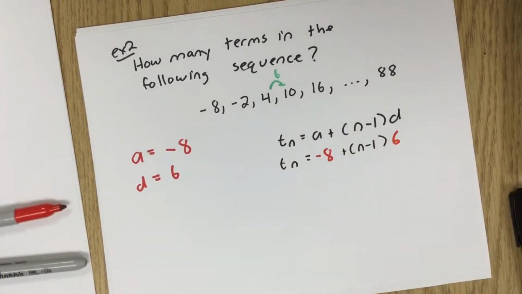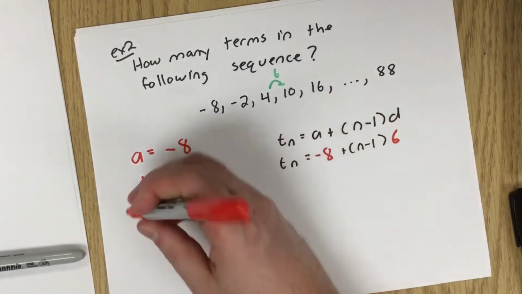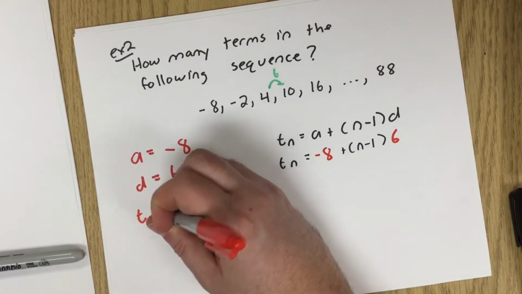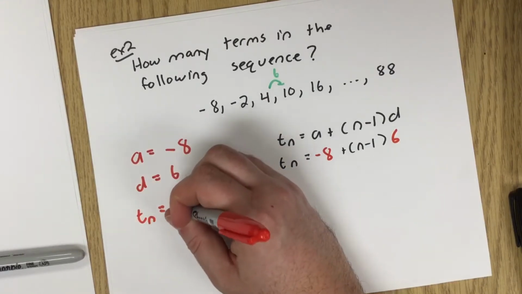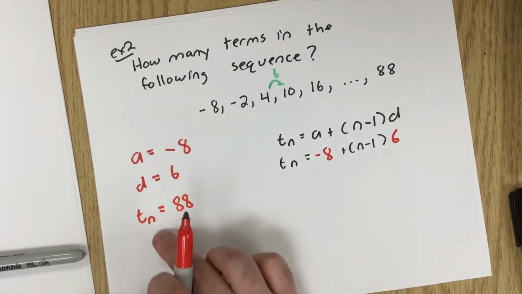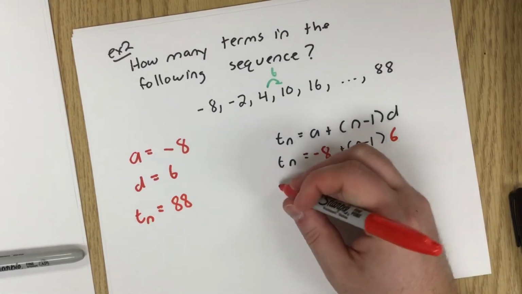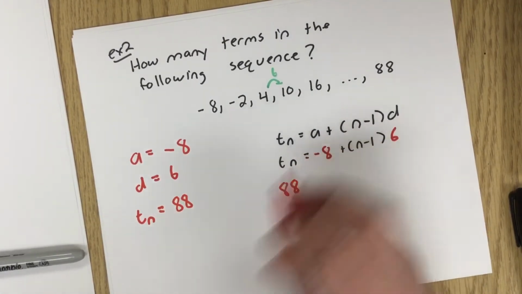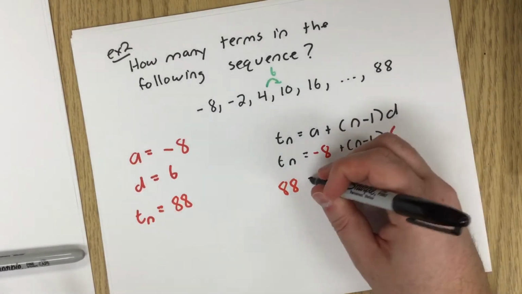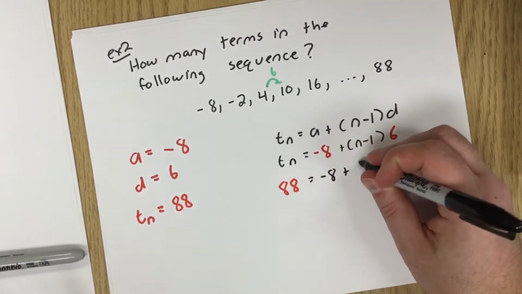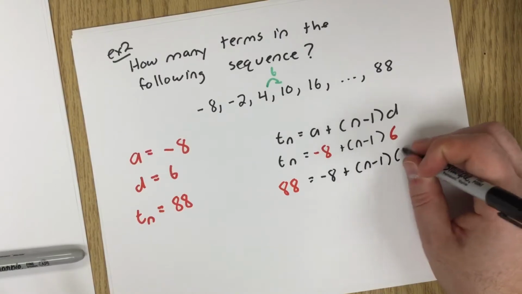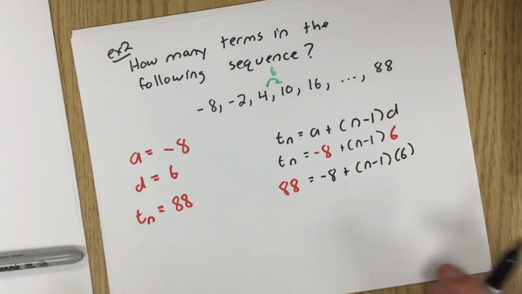Now what are we solving for? What else do we know? We actually know something else. We know that the nth term, which is going to be the last term, is 88. And we're trying to figure out what is the n for that nth term. So we could also sub 88 in for that. So that's going to be 88 equals minus 8 plus n minus 1 times 6.